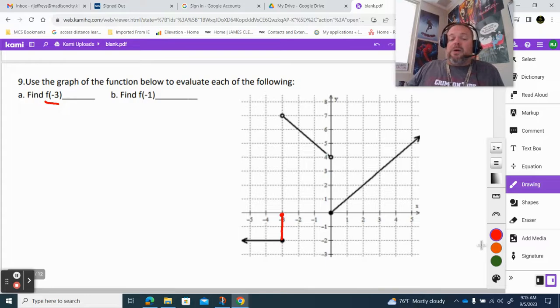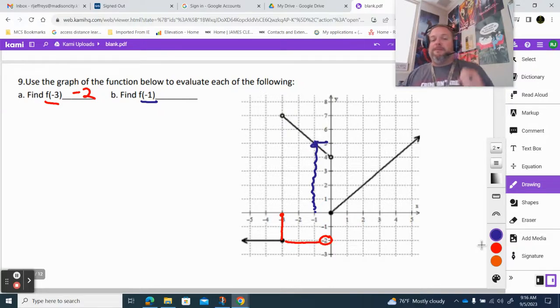What y value is that? -2. F of -1. -1 is here. We have to go up. It hits right here. What is that y value? 5. Yep.